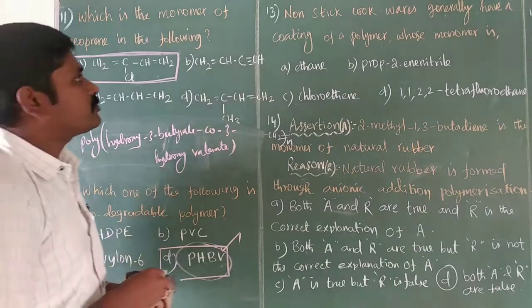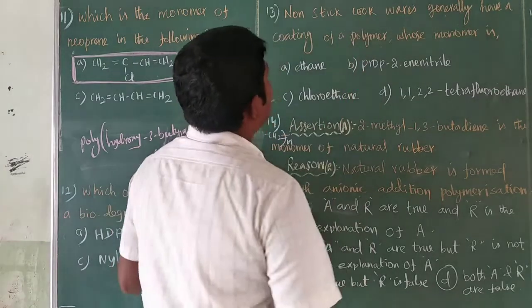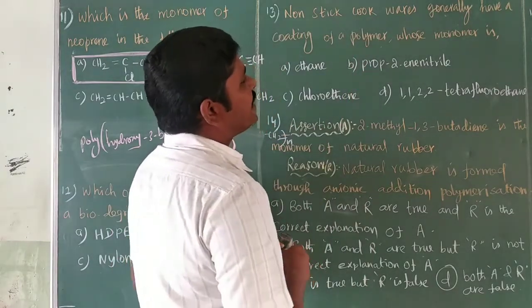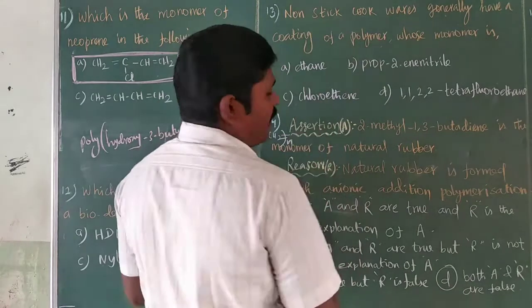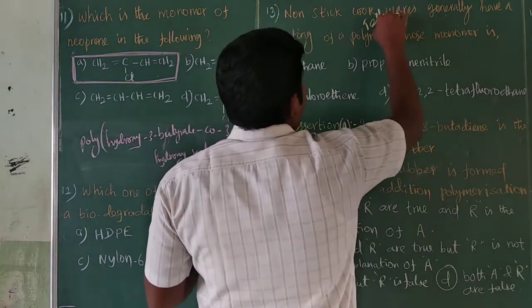The 13th one, non-stick cookware. Non-stick cookware generally has a coating of a polymer, the Teflon coating.